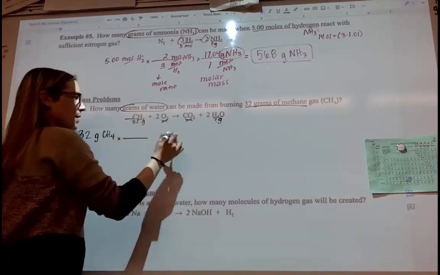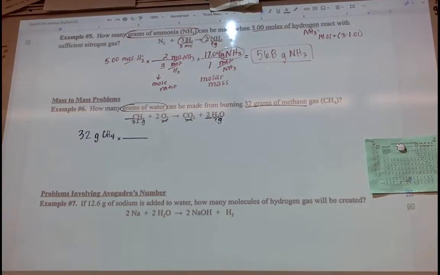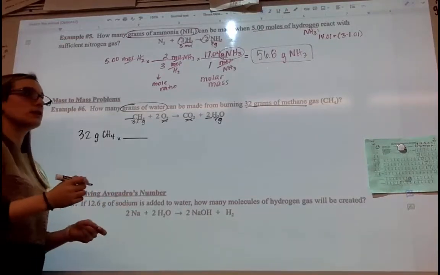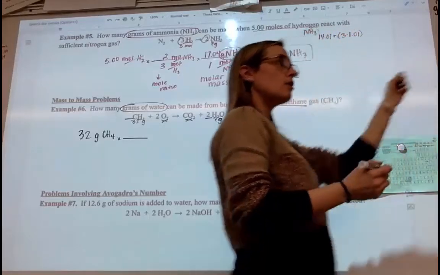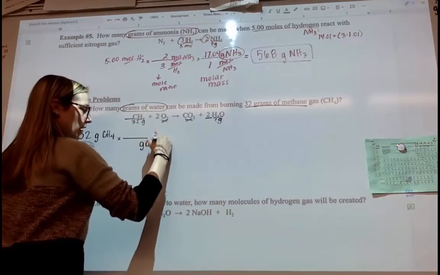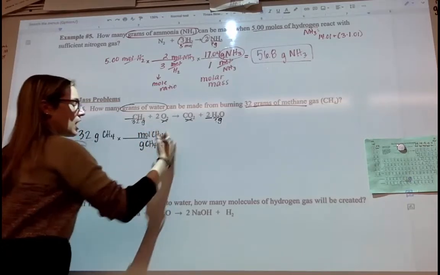Whenever you use the balanced equation, that is moles. That is not grams. So we need to start by converting grams to moles. We look at our mole conversions that we've been doing. We can go directly from grams to moles. I'm going to put grams of methane on the bottom, moles of methane on the top.